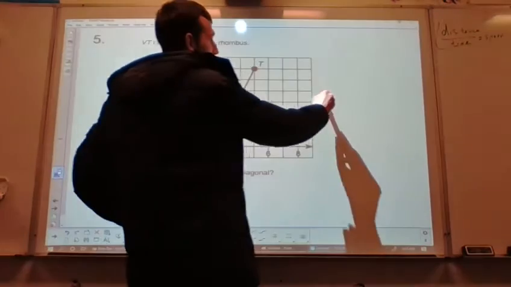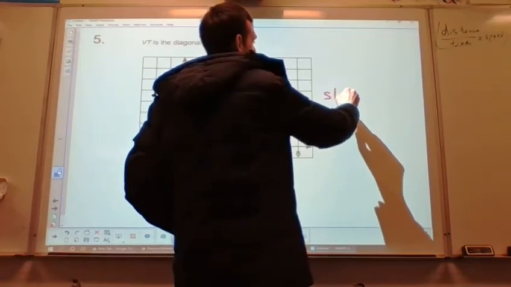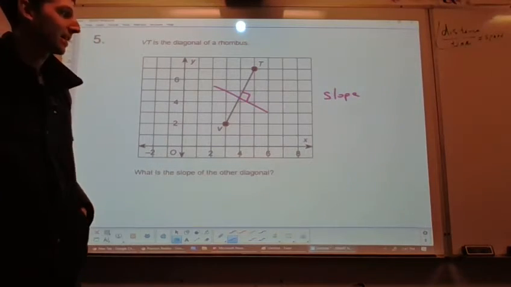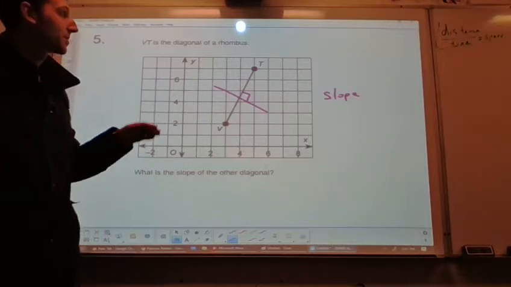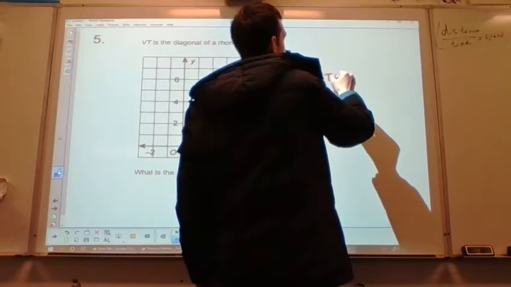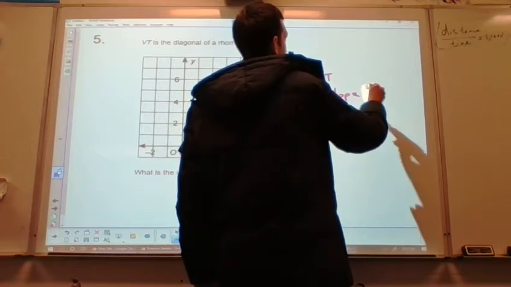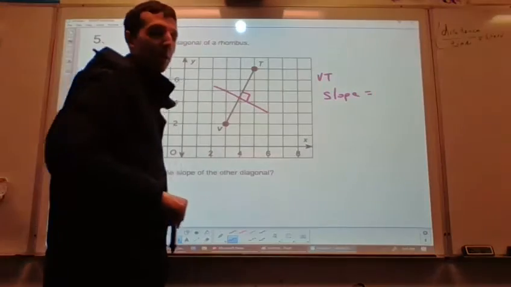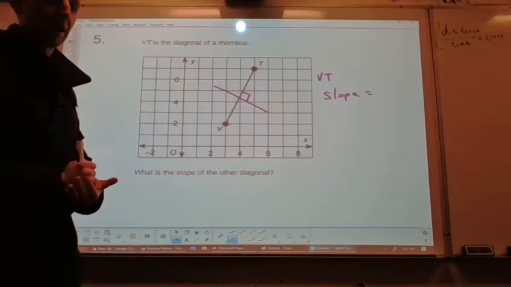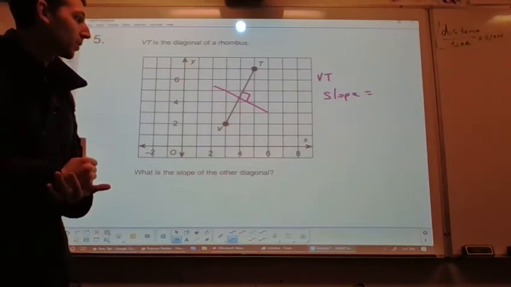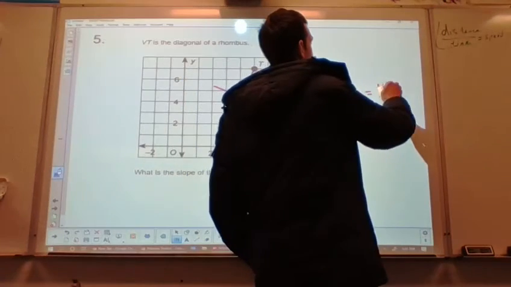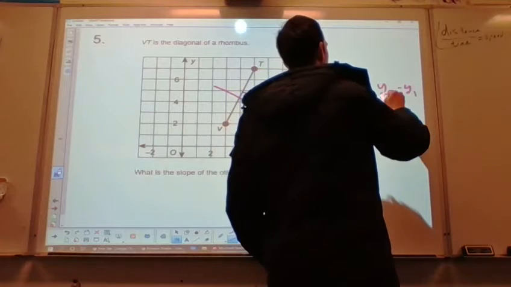So let's go with what we need to know. We need to know the slope of this diagonal. And then if we know the slope of VT, okay, so VT slope equals, all right, how can we calculate it? Two ways. You can do rise over run, or you can use the formula. If you're using the formula, it's y2 minus y1.